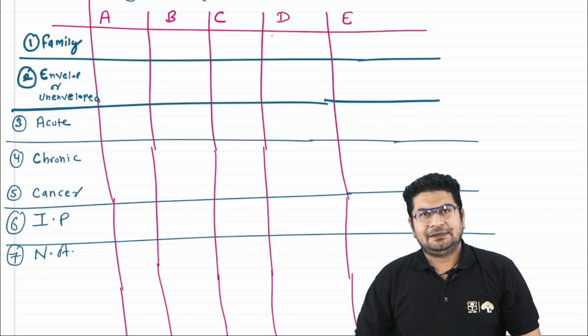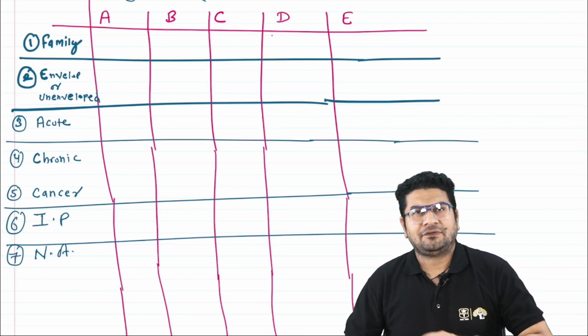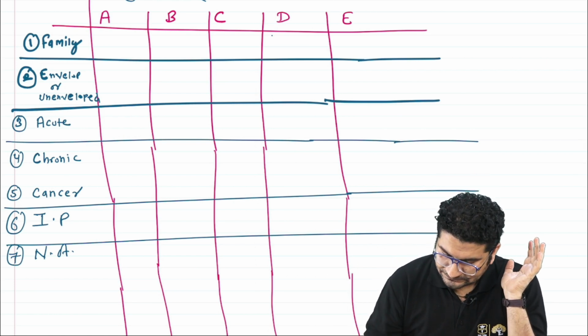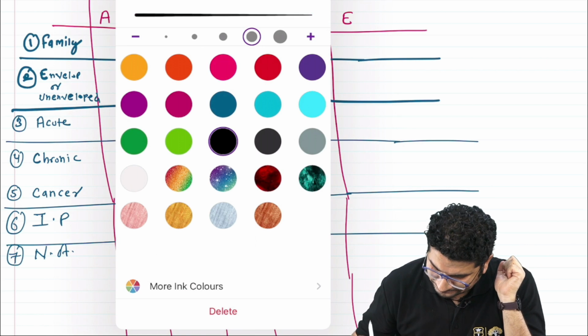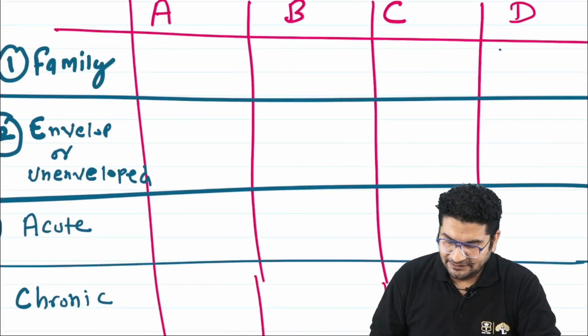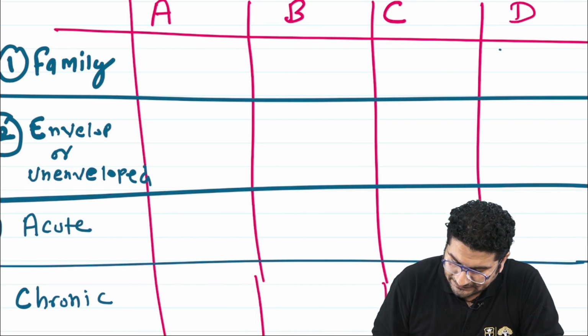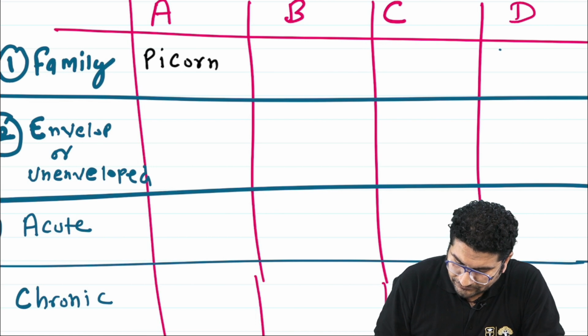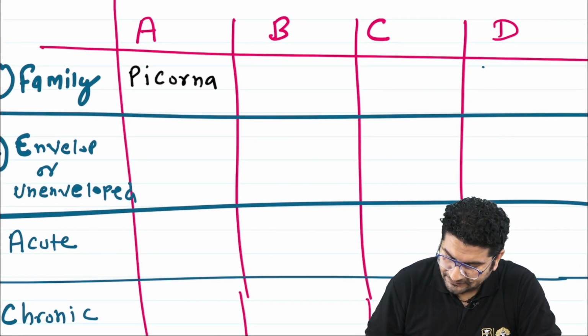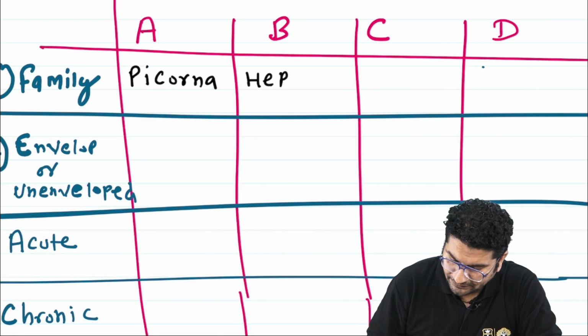Don't worry, when I am here you don't have to worry. This table will be at your fingertips. Let's see the family. Hepatitis A is included in Picornaviridae, the Picorna virus. Hepatitis B is your Hepadnaviridae or Hepadna virus.